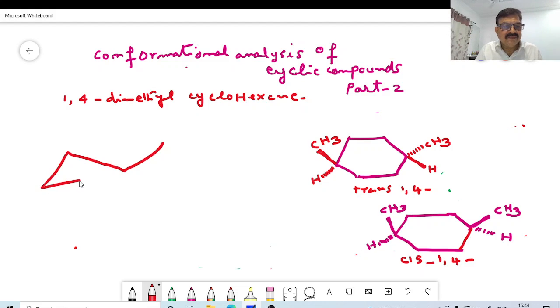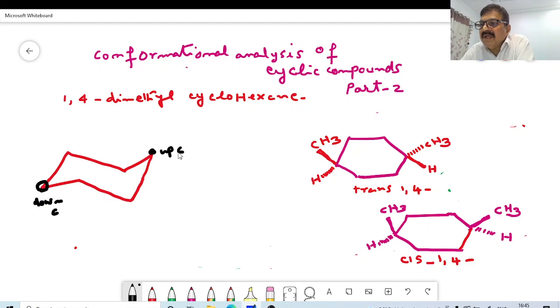Then you have to mark, just like we have been marking now, the up bond and down bond. Okay, you are drawing one chair conformation here. So here we have the down carbon. Now this is the down carbon, and here it will be the up carbon.